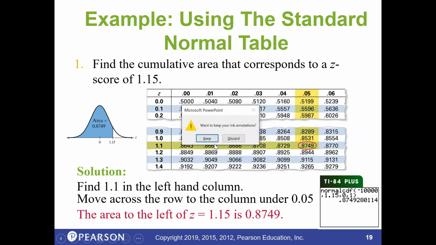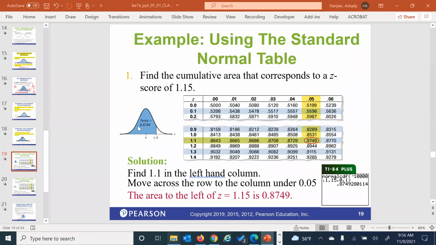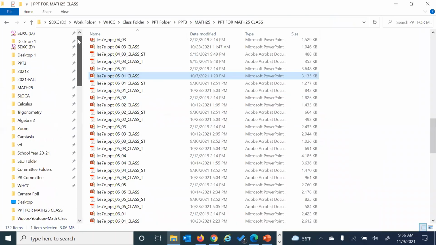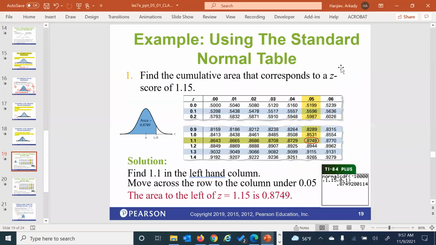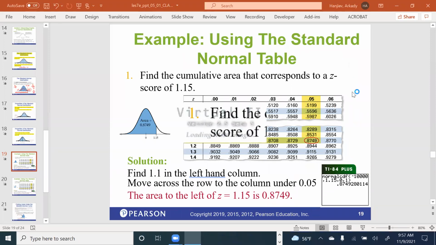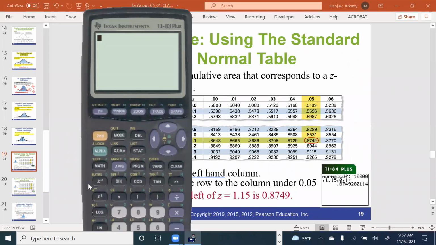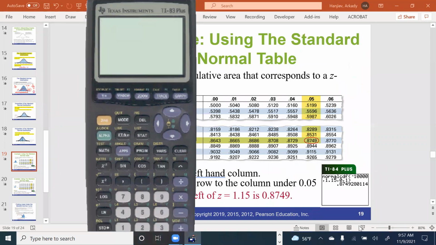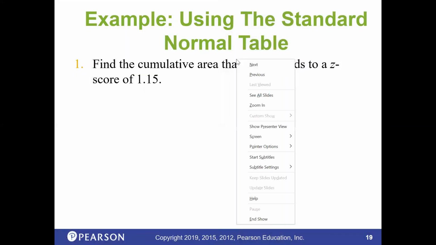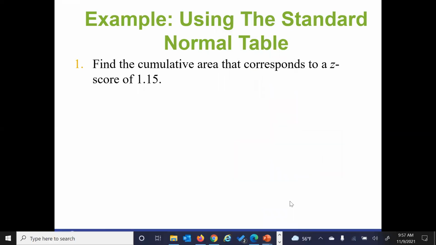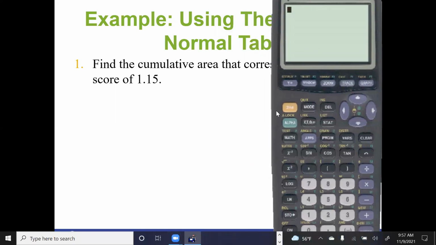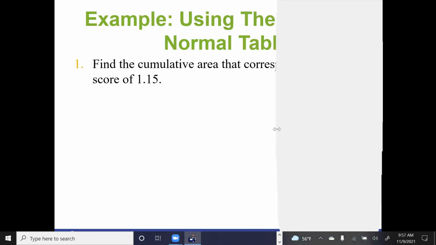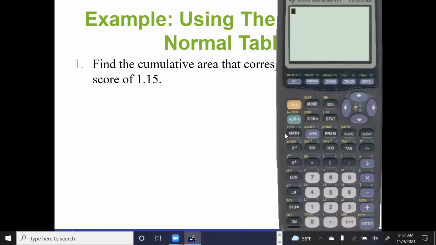So TI-84 Plus, TI-83, I have a TI-83, so I'm going to try it this way here.